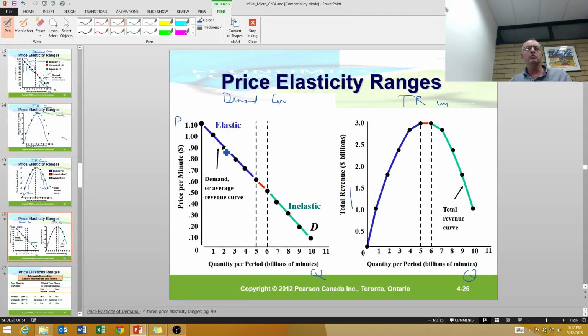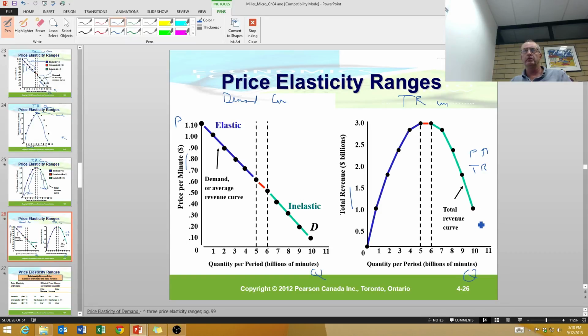In the elastic section of the curve, price and total revenue are inversely related. In the inelastic section, they're directly related. So in the inelastic section, as price goes up, total revenues also go up.